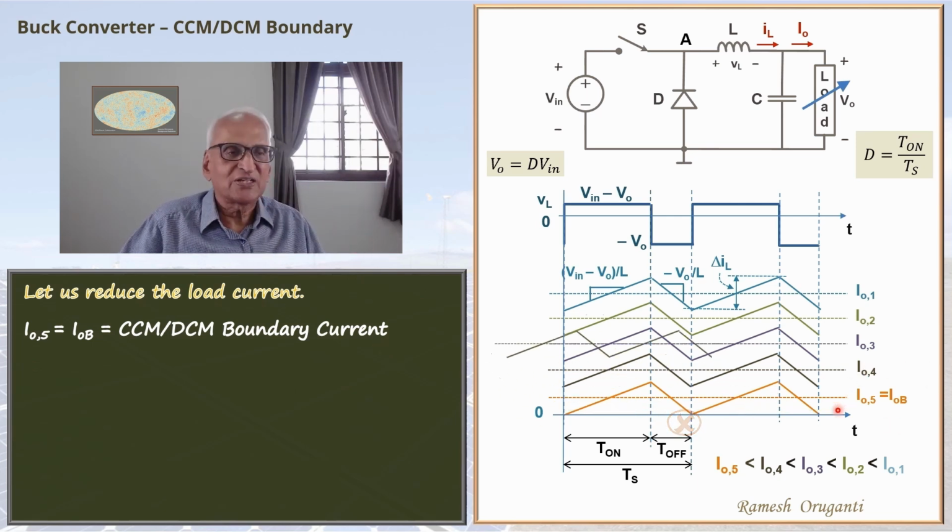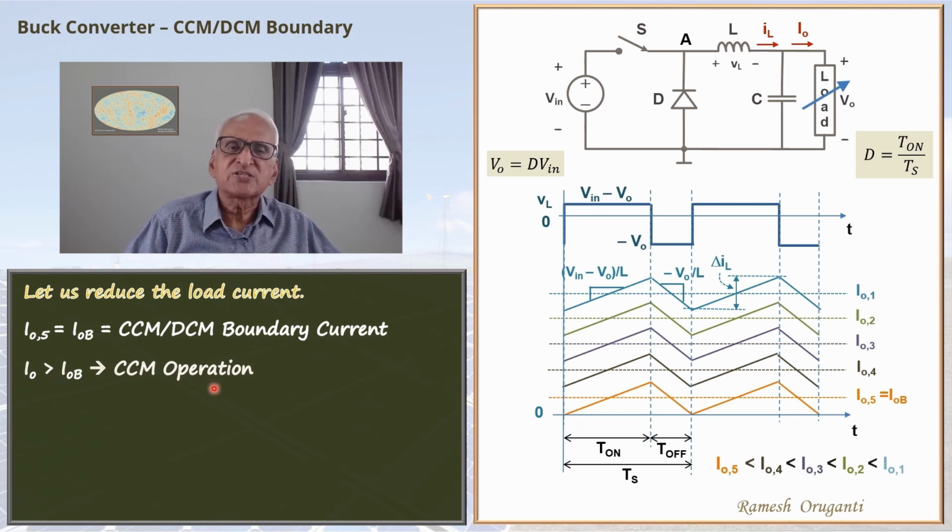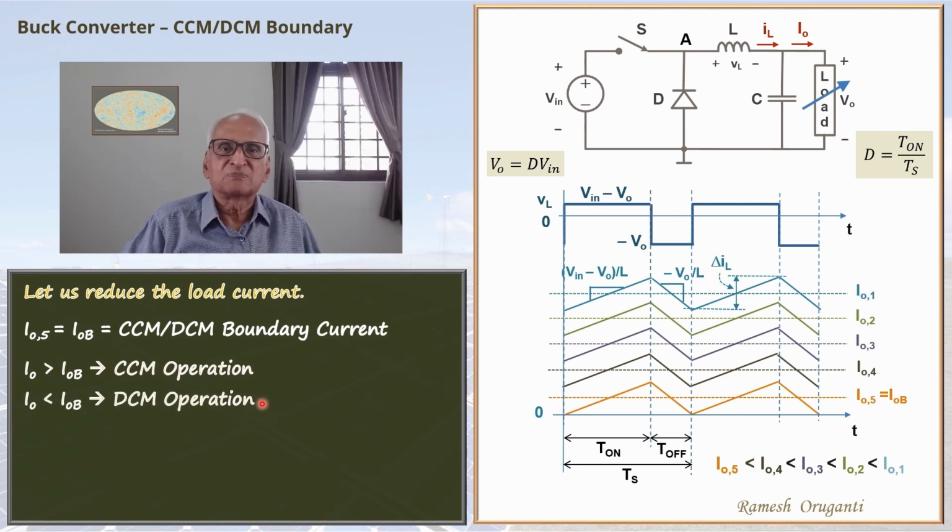So let's remove this current. I04, I03, I02, I01, all these currents are higher than I05 and all of them are in continuous conduction mode operation. So when the output current is more than I0B, it is continuous conduction mode operation. When the output current is less than I0B, it is discontinuous conduction mode operation.